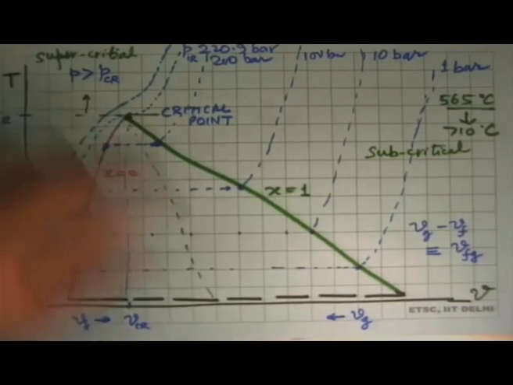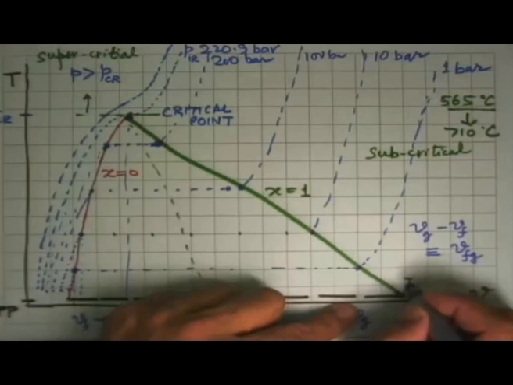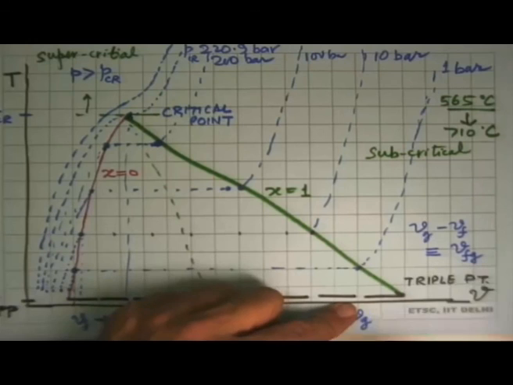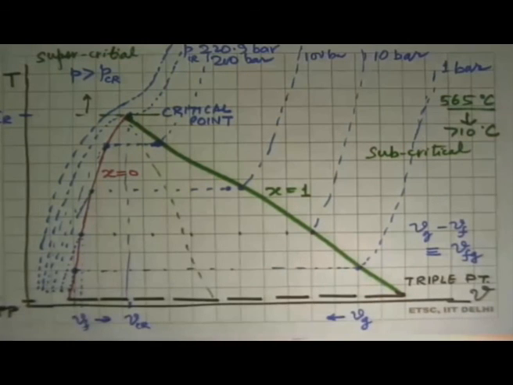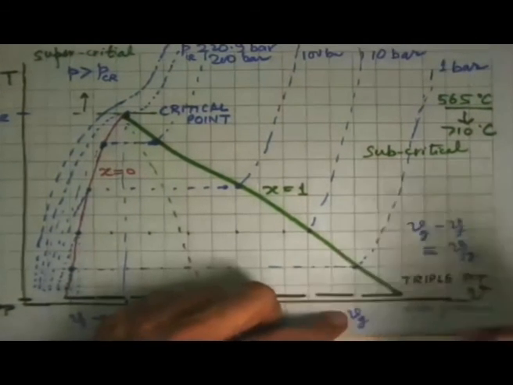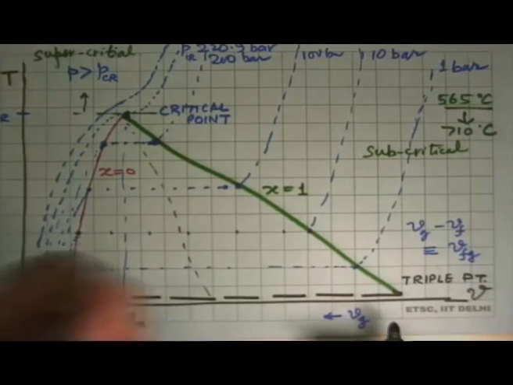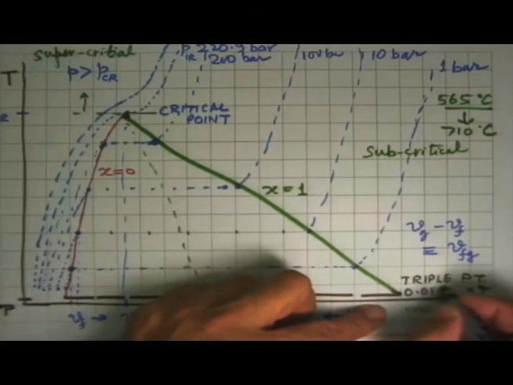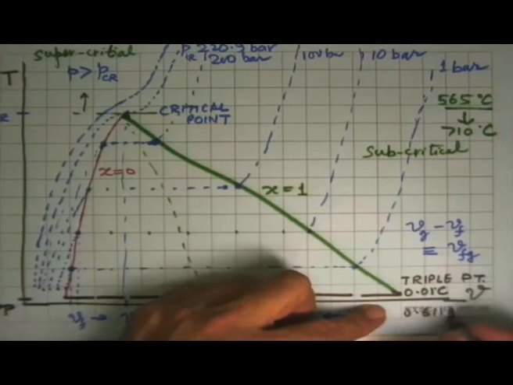Okay, so the critical point on the top, the lower limit is the triple point. For water, the triple point again, like a critical point, is a unique value. Triple point for water is 0.01 degrees Celsius. Triple point pressure is 0.6119 kPa. And you can get the specific volume also.